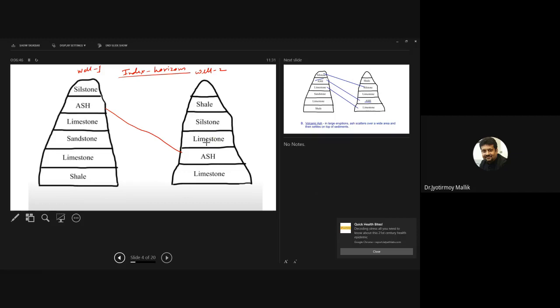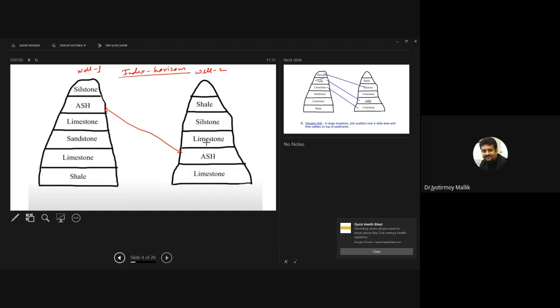And they occur over a large area. So volcanic ashes are called index horizons, and they can be very easily correlated.